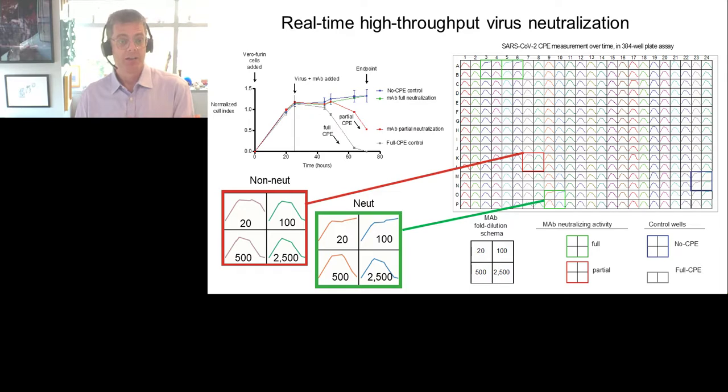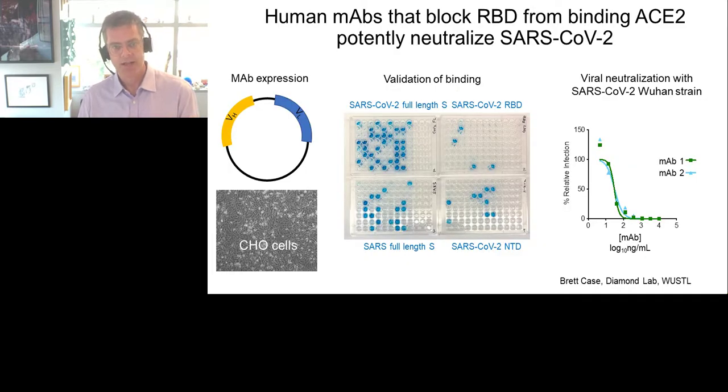So then, because these are recombinant, we can put them into what is ultimately a manufacturing cell line, a CHO cell line, and we screen them not only in the ways that I showed you, but also in ELISA against full-length S protein, against the receptor binding domain, so a subset bind to RBD, some bind the N-terminal domain, and we also looked at SARS-1 because we were interested in cross-reactive antibodies, so SARS and MERS, and then neutralization assays were done with real virus in biosafety level 3 with Michael Diamond's lab, also with Ralph Baric's lab at UNC for confirmation.